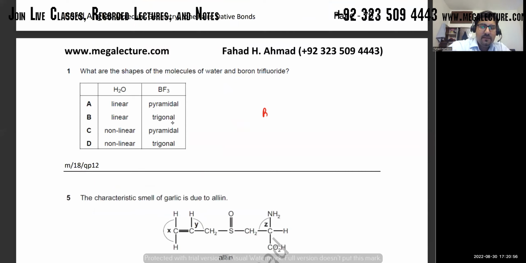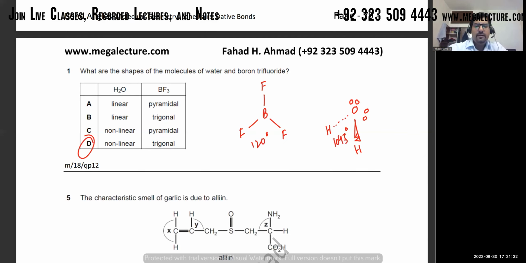This is BF3. तो बार बार कुछ ही shapes बार बार आ रही हैं, ठीक है। अच्छा, this is BF3 and water was supposed to be, but it was derived from a tetrahedral shape, but on 2 sides instead of having a bond they were actually lone pairs, so it should have had an angle of 109, but it's now just non-linear, it's bent, and the angle is 104.5, squeeze हो गया, ठीक है। This is 120 degrees. So the answer is that one of them is non-linear, it's bent or V-shaped, and the other one is trigonal planar.